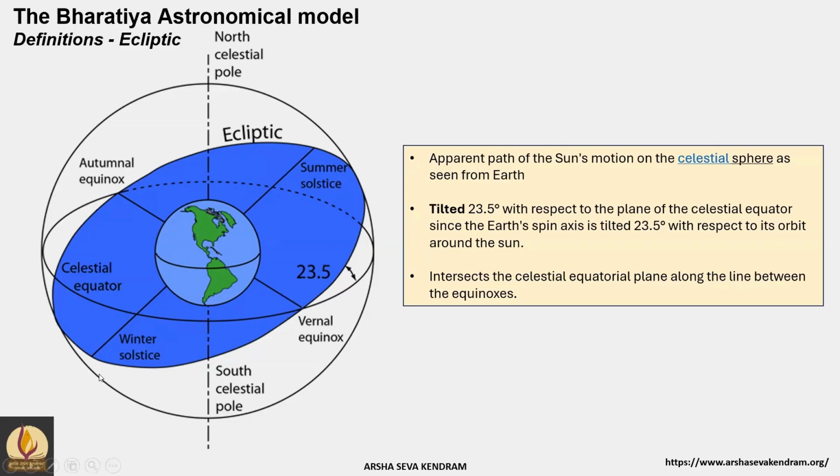So essentially, the ecliptic and the celestial equator are tilted at 23.5 degrees to each other, right? And the points where these meet, which are also the days on which the length of the day is equal to the length of the night, are what we call the vernal equinox and the autumnal equinox, right?